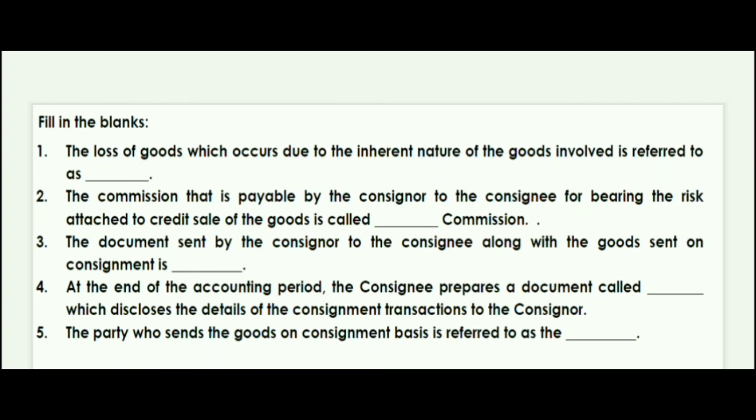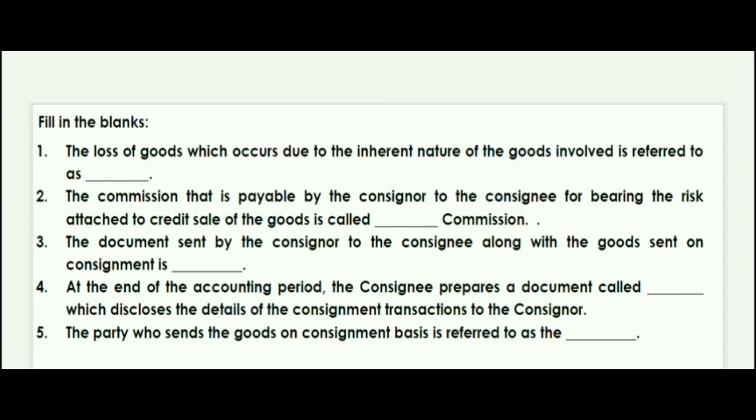Next question. The document sent by the consignor to the consignee along with the goods sent on consignment is pro forma invoice. Let's see question number 4. At the end of the accounting period, the consignee prepares a document called what?